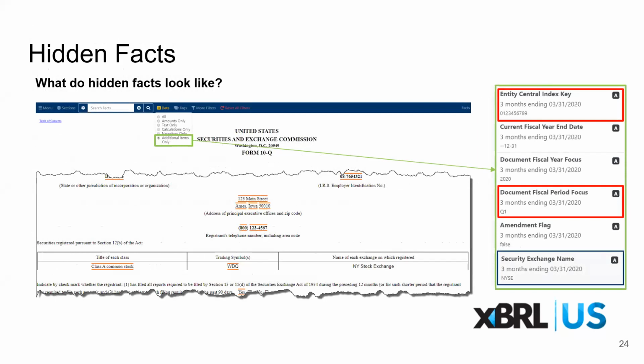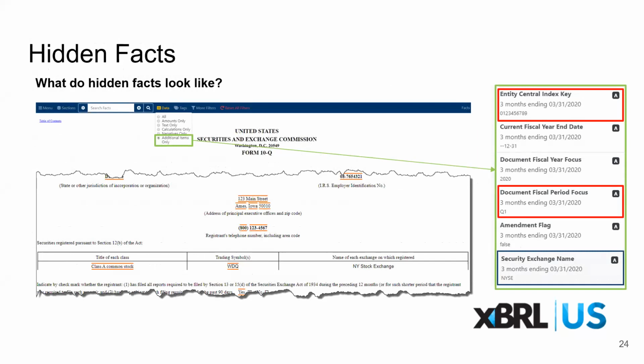All right, so what do hidden facts look like? What we have on the screen here is the inline viewer, or the inline display, of the tagged iXBRL document. You might notice in the upper left-hand corner there's a drop down under data, with options to choose what XBRL data you want to visualize.